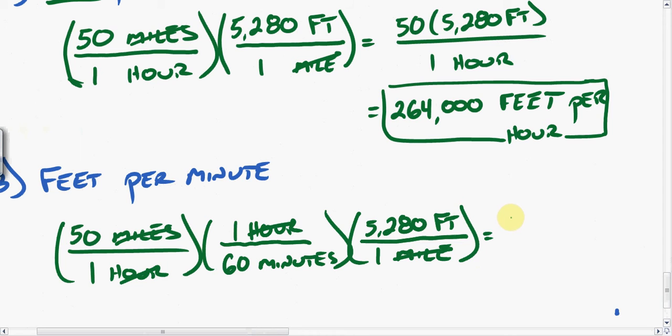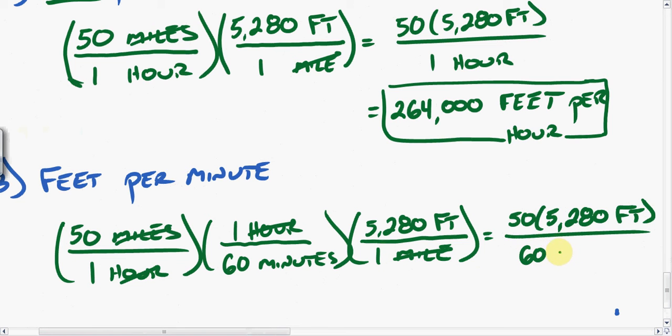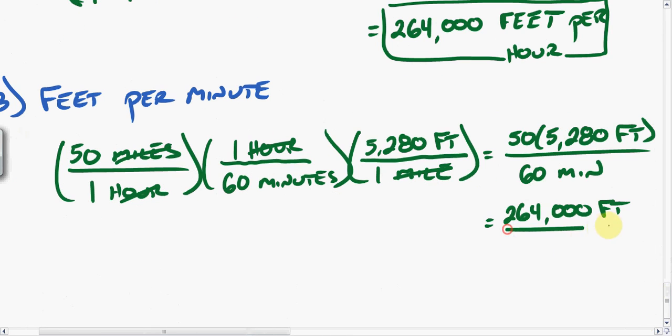50 times 1 is 50 times 5,280 feet over 1 times 60 times 1. Well, that's just 60 minutes. We know 50 times 5,280 is 264,000 feet over 60 minutes.